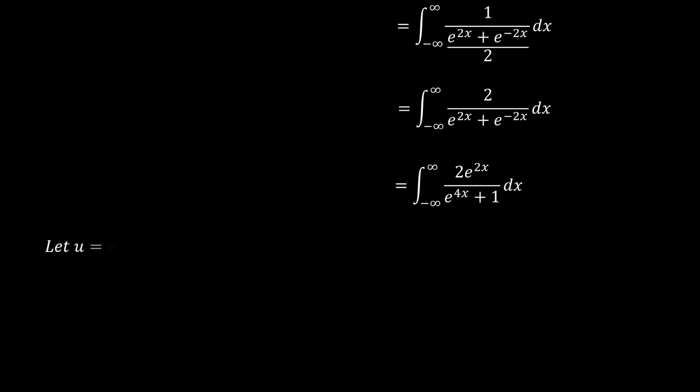So if we let u be equal to e to the power 2x, then the derivative du/dx is the same as 2e to the power 2x. And so du can be substituted for 2e to the power 2x dx.